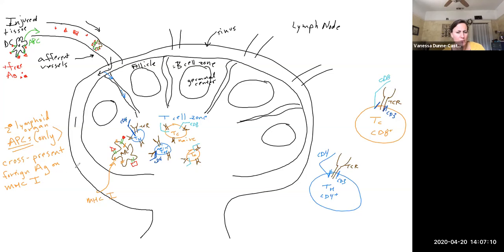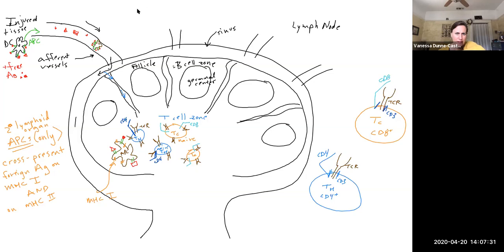So they will be able to activate both naive cytotoxic T cells in this regard and also naive T helper cells, classically on MHC class 2.